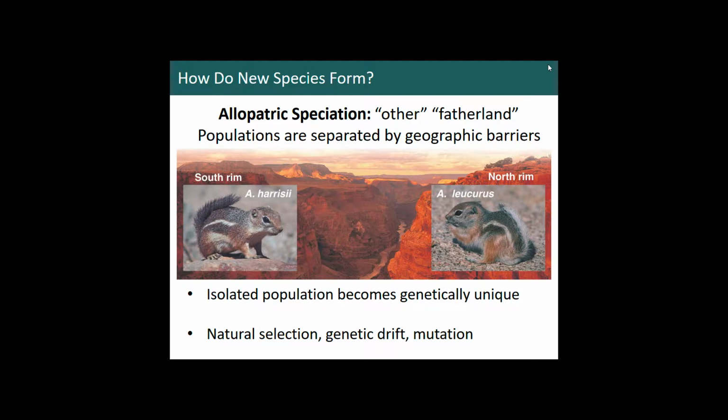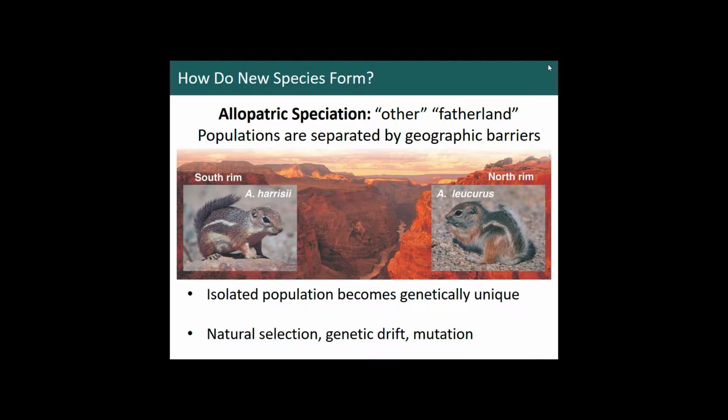The example I have here is of two species of ground squirrel who were separated by the formation of the Grand Canyon. At some point in time, before the formation of the Grand Canyon, we had one species of antelope ground squirrel running around. And as the river came through the wash and widened, as soon as that water is wide enough, those two squirrels couldn't get back together anymore because they're on opposite sides of a river they can't cross.